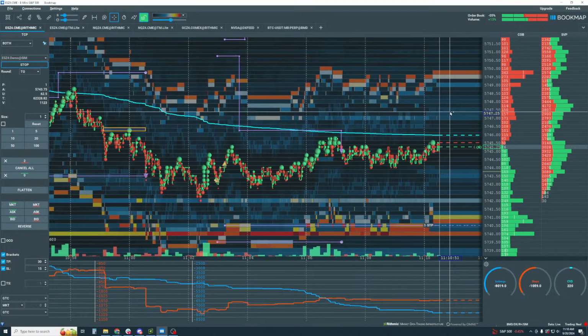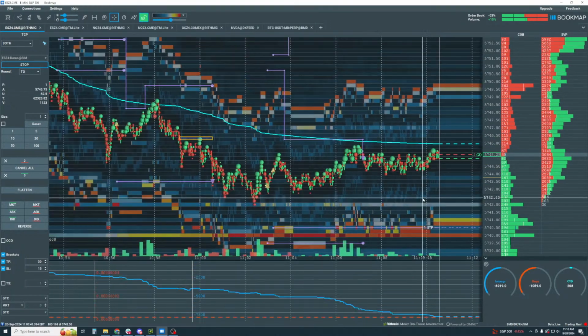And we can look for a pullback and then add more on, or you can even get the breakout here.